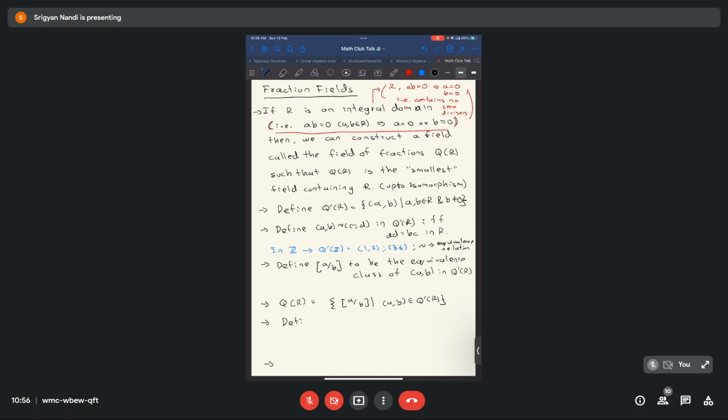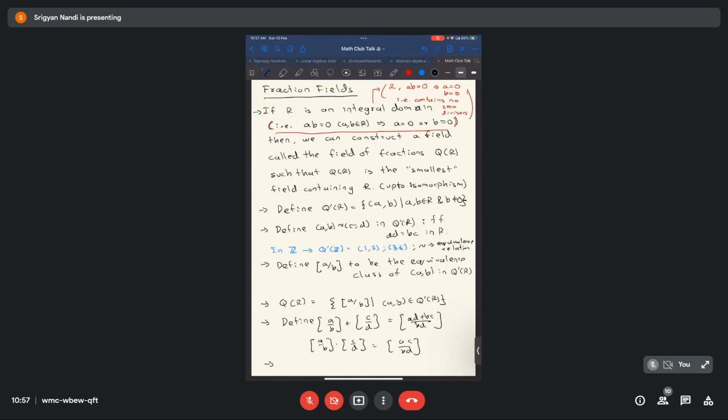So we define the equivalence class A by B plus C by D to be, as would be natural, (AD plus BC) by BD. Similarly, the equivalence class A by B times that of C by D is AC by BD.